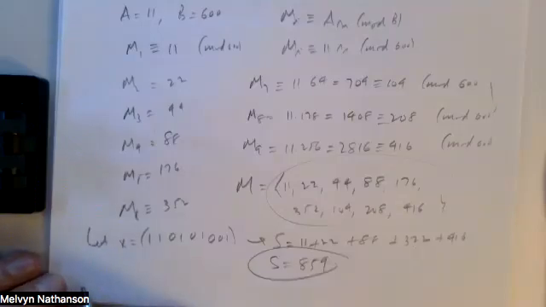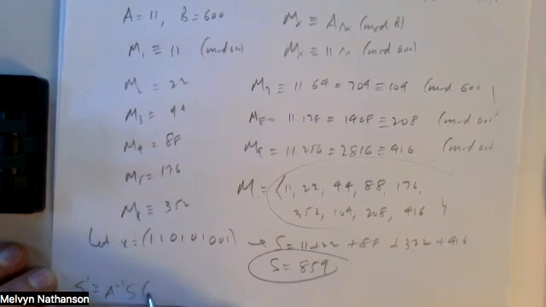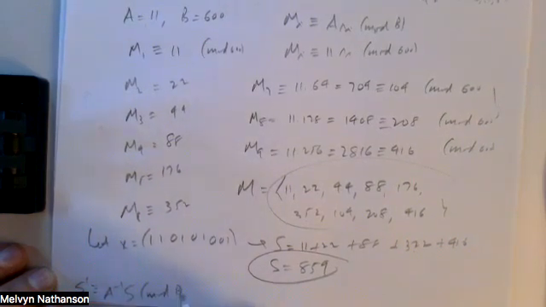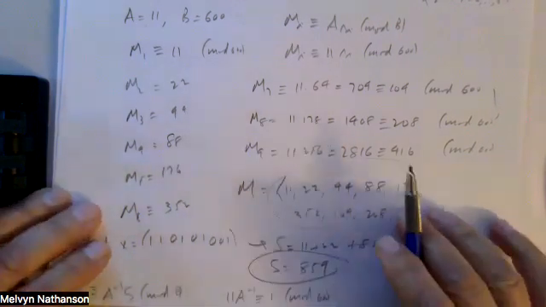And how does Alice decipher that? She computes S prime congruent to A inverse S mod B. A inverse is the number such that 11 times A inverse is congruent to 1 mod 600.